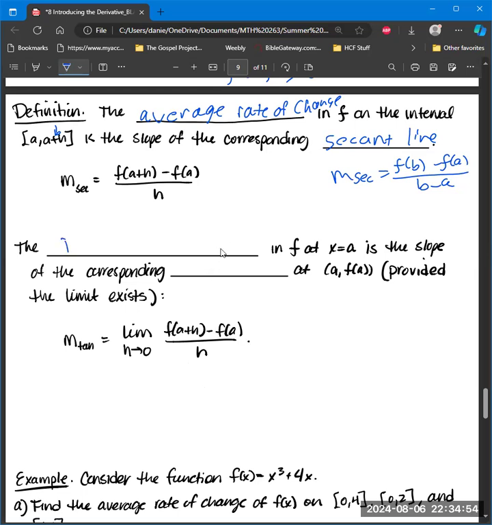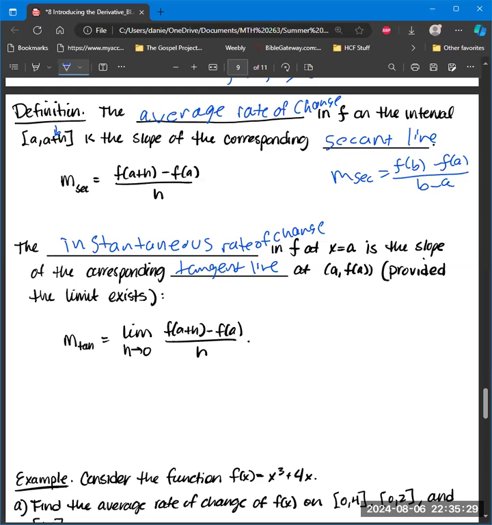The instantaneous rate of change in f at x equals a is the slope of the corresponding tangent line at a, f of a, provided the limit exists. The slope of the tangent line equals the limit as h goes to 0 of f of a plus h minus f of a over h.